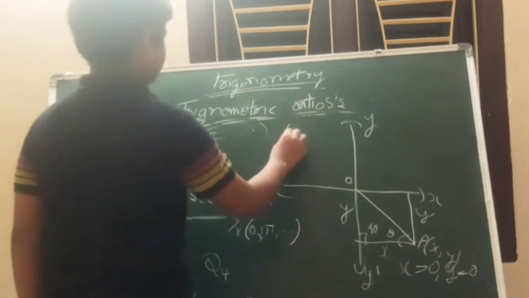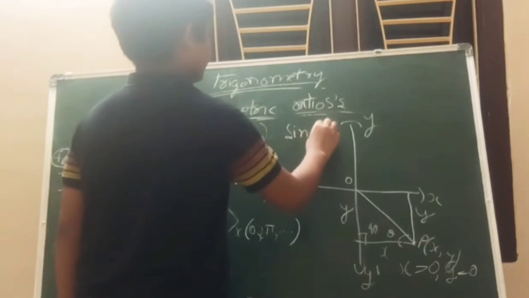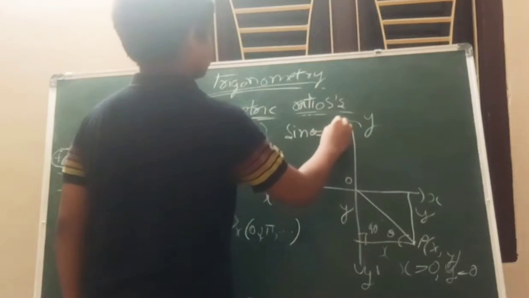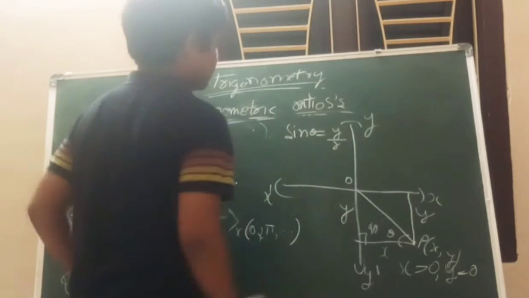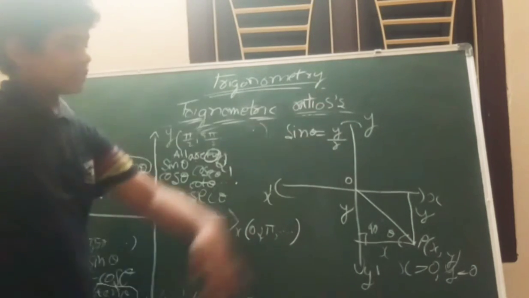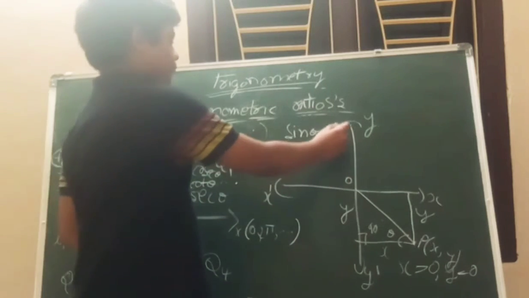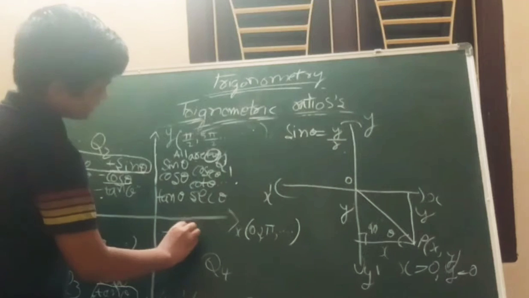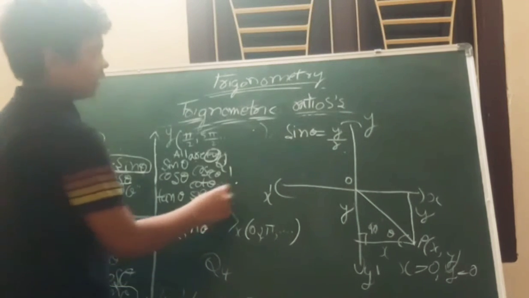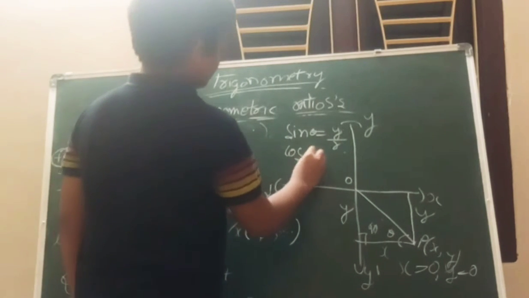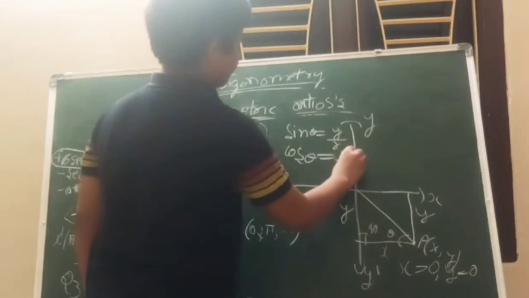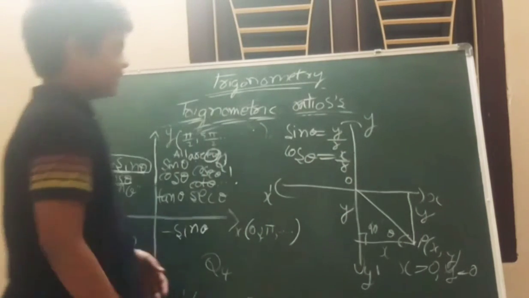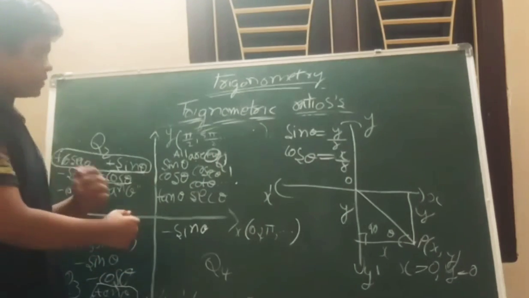First let us discuss sin theta, that is equal to y by r. Here the opposite side is negative, so negative by positive is negative. So in quadrant 4 sin theta is negative, and cos theta, that is x by r, is positive. Adjacent side is positive and hypotenuse is of course positive.